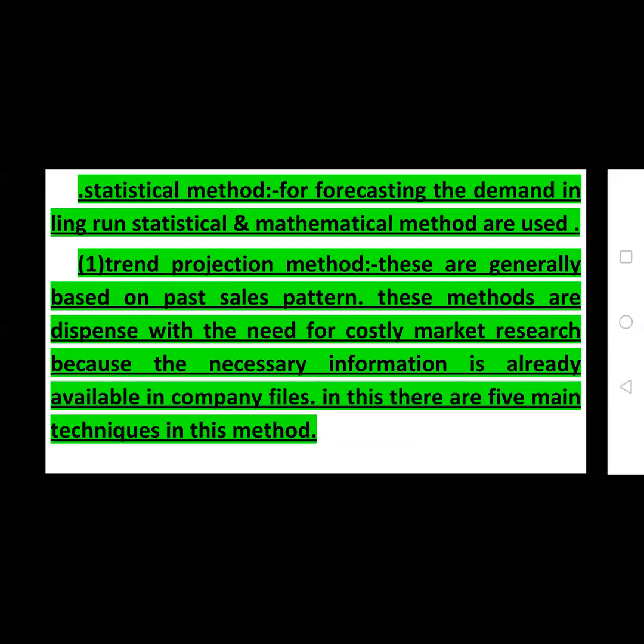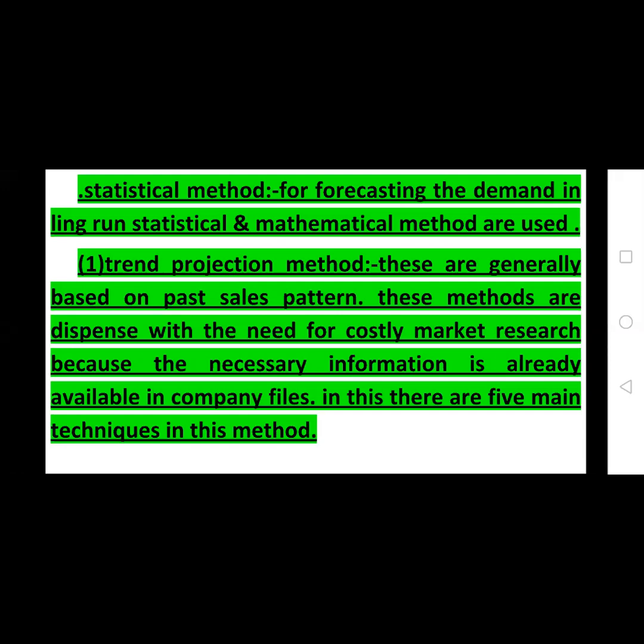For forecasting the demand in the long run, statistical and mathematical methods are used. Mainly, the statistical methods are very helpful for long-run demand forecasting.